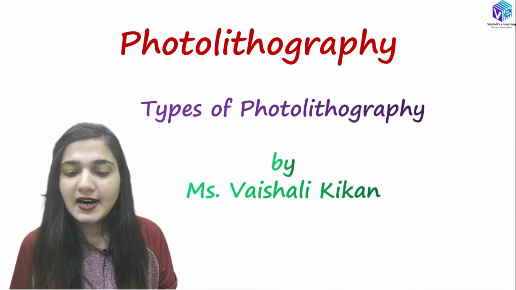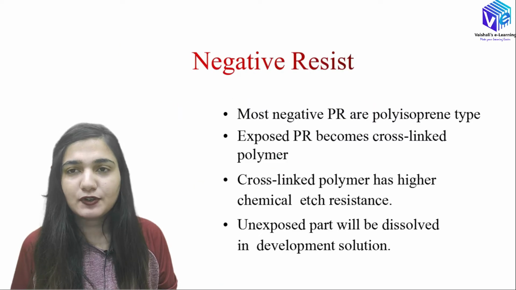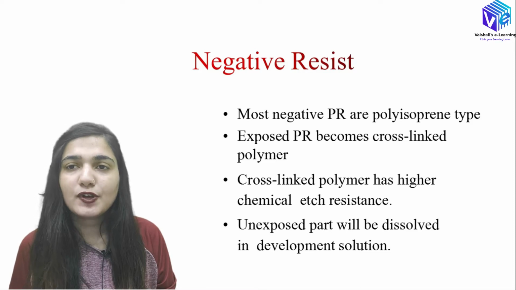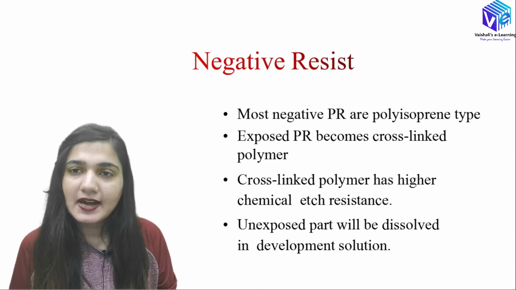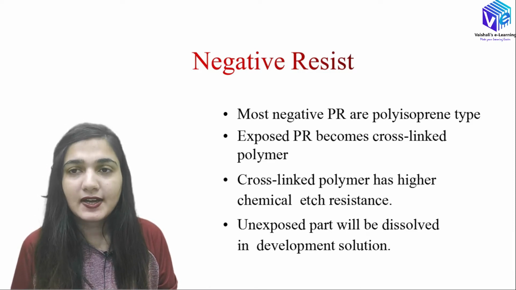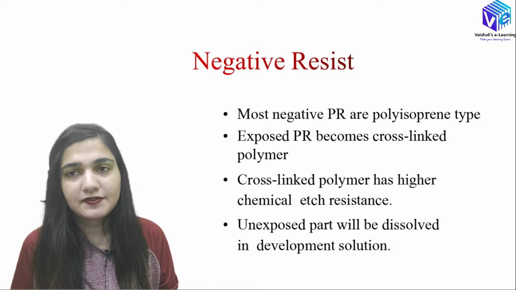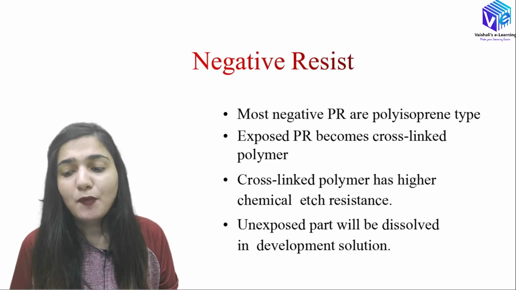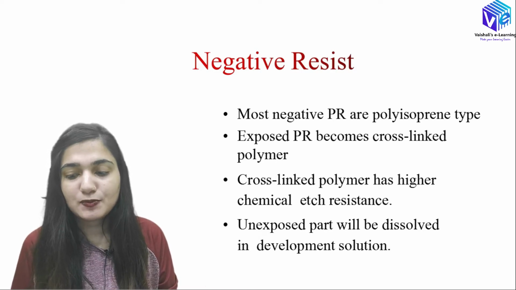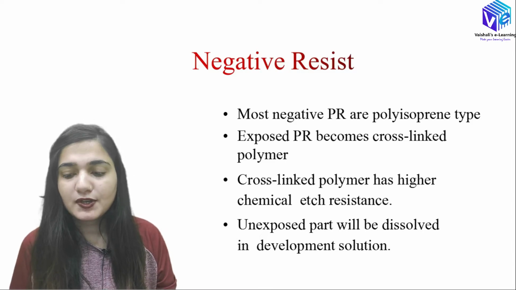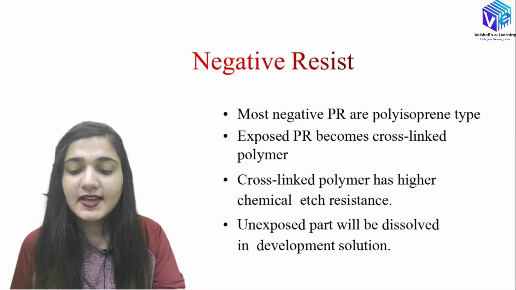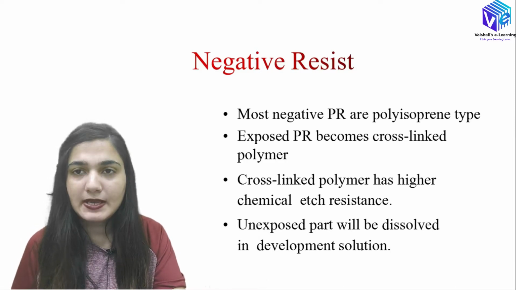So today we are starting with the types of photolithography process. I already gave a brief introduction about the positive photoresist and the negative photoresist. So here we are starting with the negative resist first. Most negative photoresists are of the polyisoprene type, which means the exposed photoresist will become a cross-linked polymer, which means the exposed photoresist will be hardened.